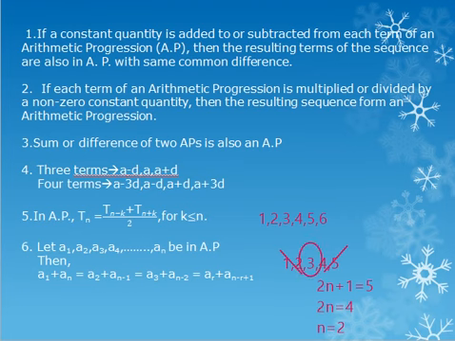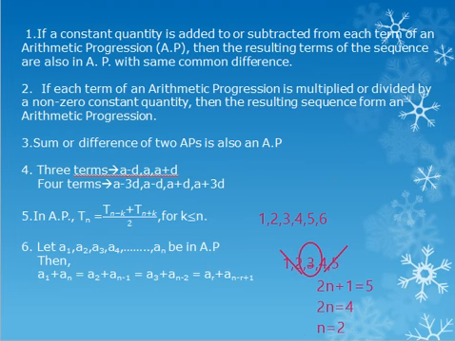Now let me express this. If there are 2n plus 1 terms, the middle term is the (n plus 1)th term. So if I have n terms, let me write that down, and n is an odd number, then the middle term will be the (n plus 1) by 2th term. So I have 5 terms, 5 plus 1 is 6, by 2, the third term will be the middle one.